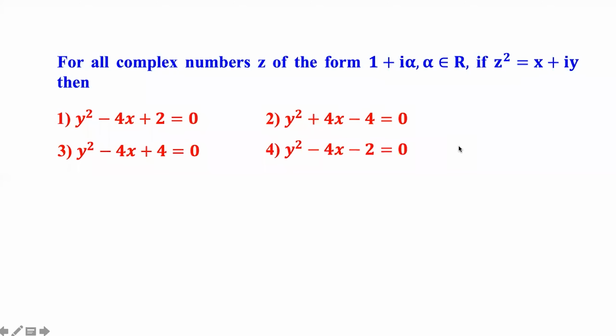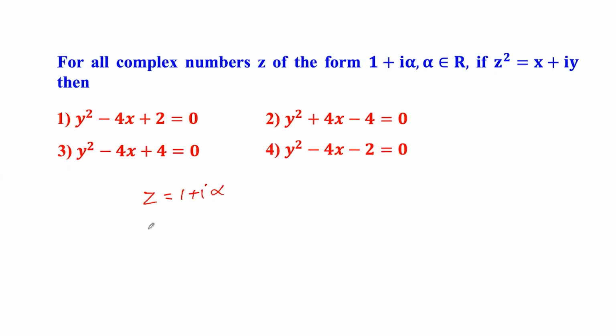For the complex number z of the form 1 plus i alpha, z square is x plus iy, right? It is given, then we have to find which one will be the correct option for this, right? Correct option means we have to see how this complex number will satisfy the equation in x and y, right? So z is equal to 1 plus i alpha.